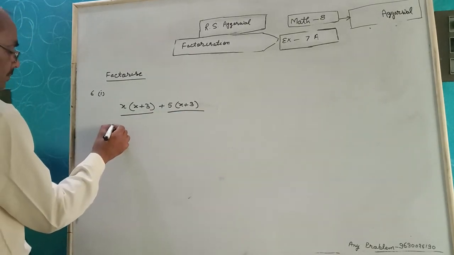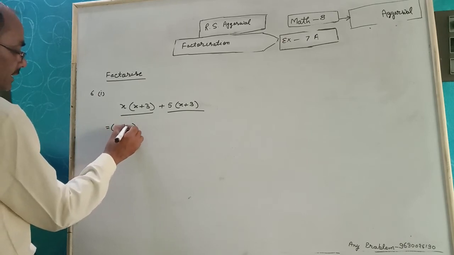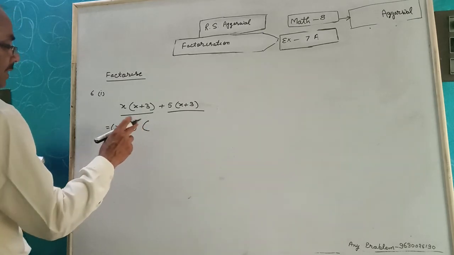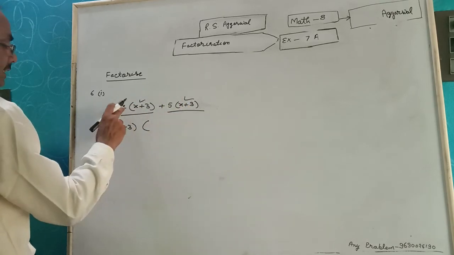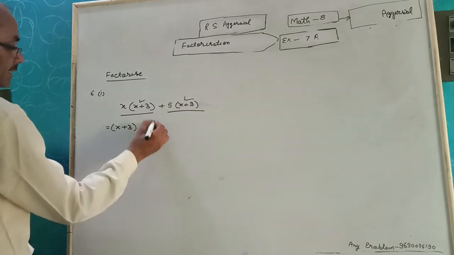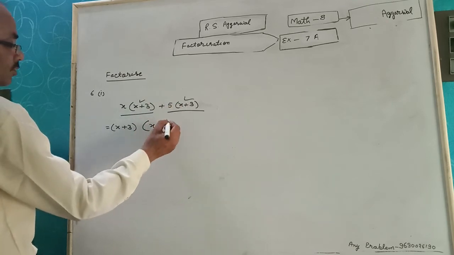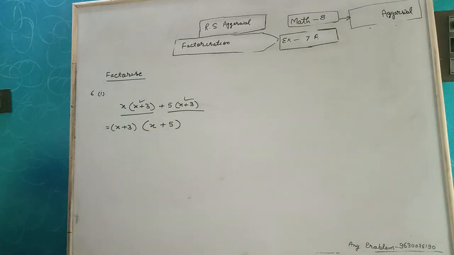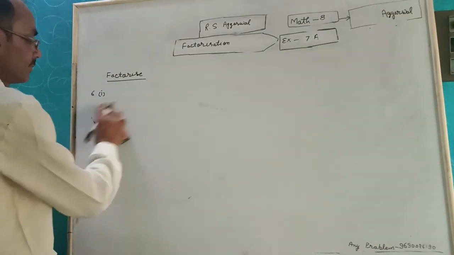Both terms have common x plus 3. After common, take the bracket: common x plus 3, remain will be x plus 5. First part is complete. Second part will be common x minus 4.